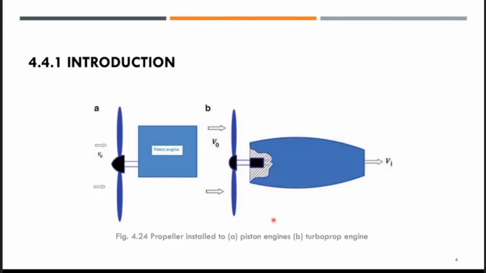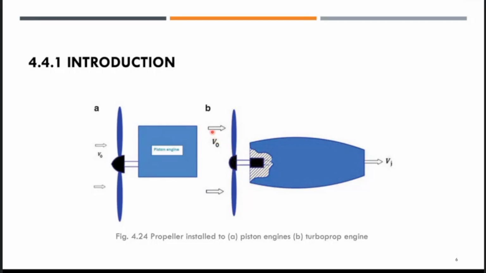This is shown clearly in this schematic, a propeller installed in a piston engine, right? This is a piston engine. You can see the velocity incoming into the propeller that is installed in front of the piston engine, and the large arrow indicates more air going into the turboprop engine. This is a schematic of a turboprop engine.